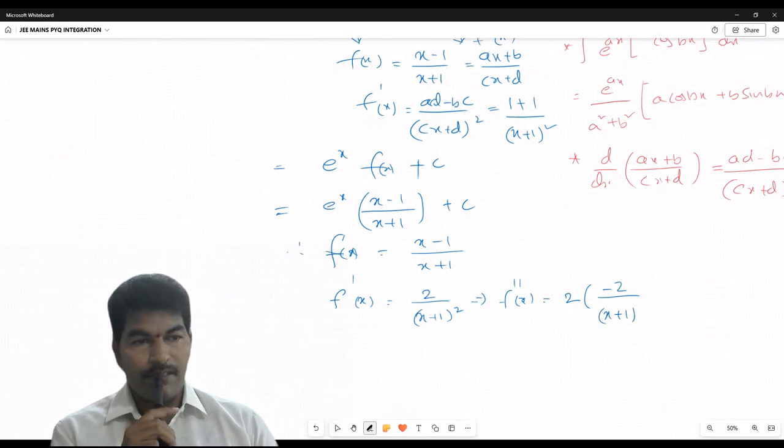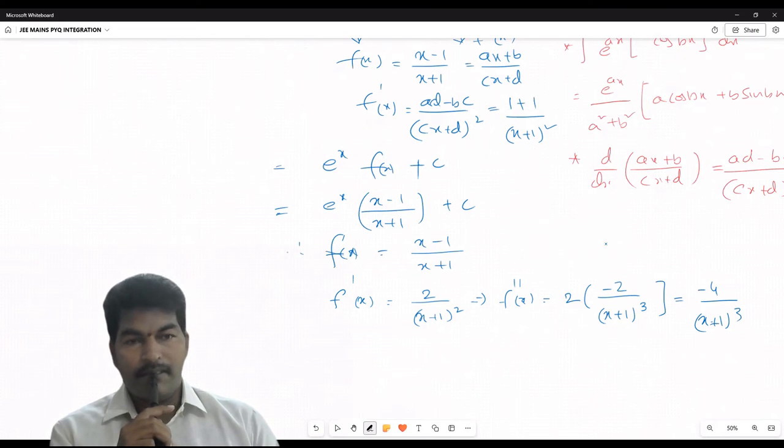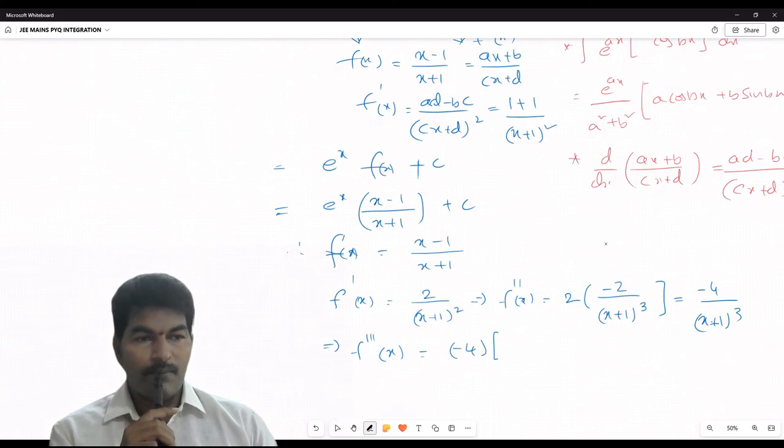Remember all the formulas. So it will be minus 4 by (x plus 1) whole cube. This is second, but we need the third derivative. So minus 4 times of, what is the derivative of 1 by x cube? It is minus 3 by x power 4. So that means minus 3 by (x plus 1) power 4.